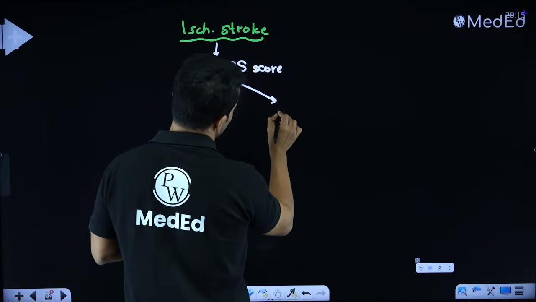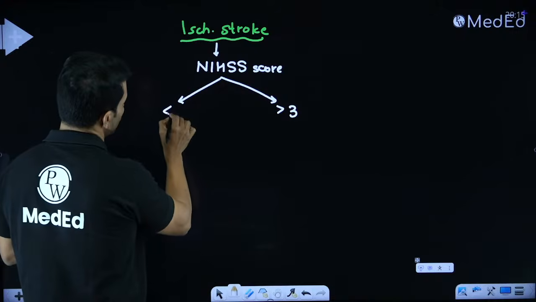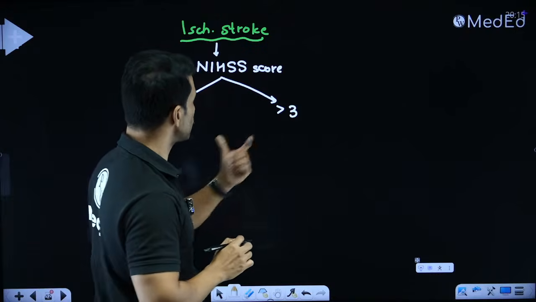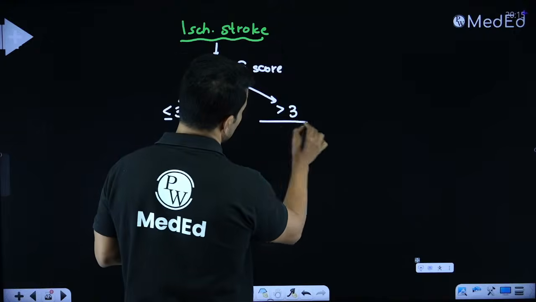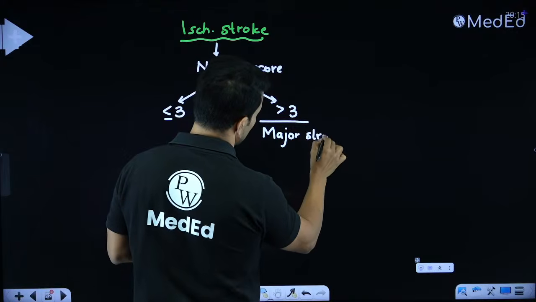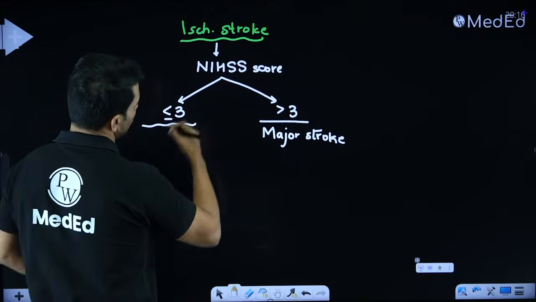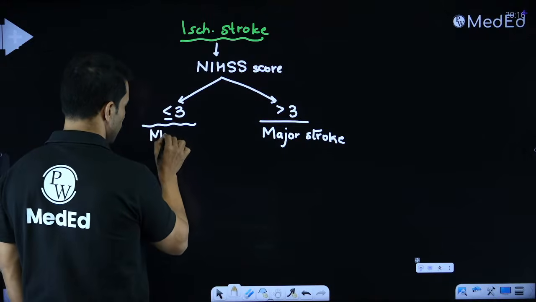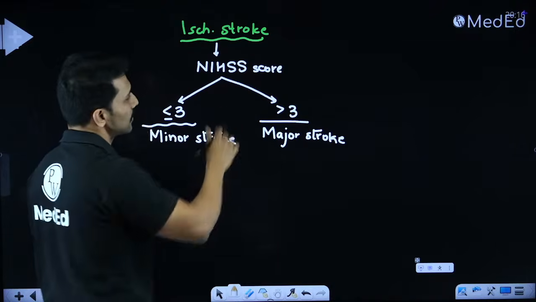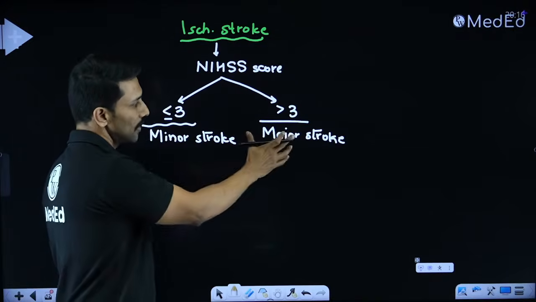Anything more than 3 on the NIHSS score makes it a major stroke. And if it is less than or equal to 3, it becomes a minor stroke. Basically, we are assessing how much disabled the patient is because of the stroke.